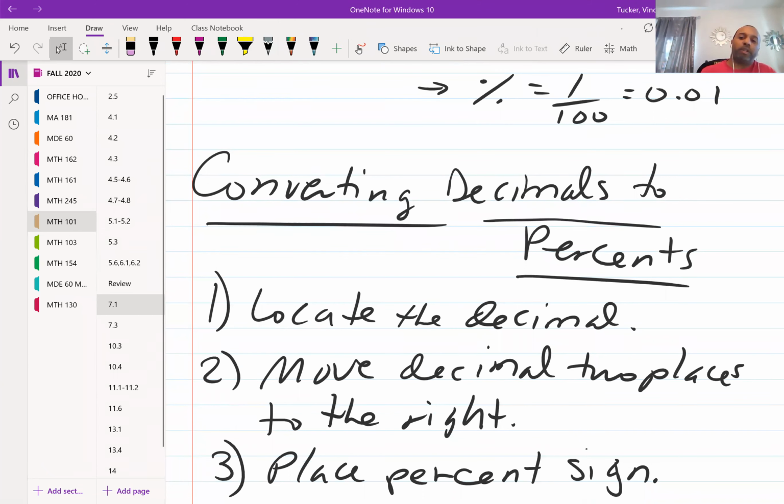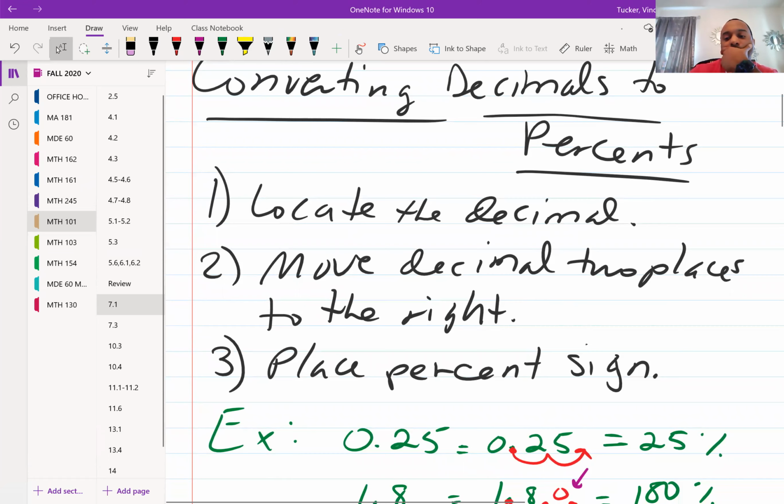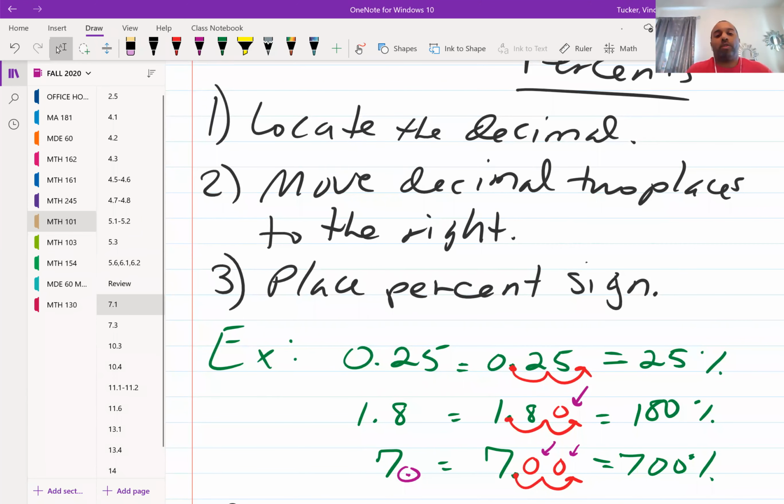All right, so converting decimals to percent. Locate your decimal. Move your decimal 2 places to the right and place your percent sign. So no calculation.